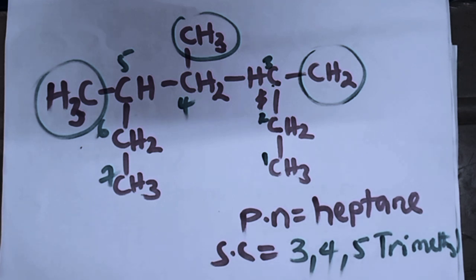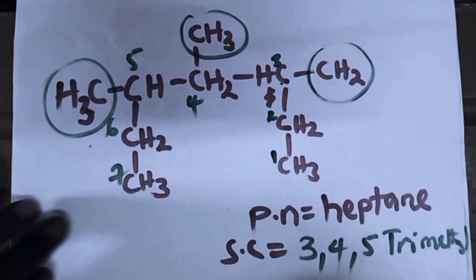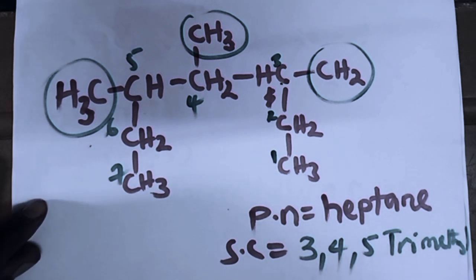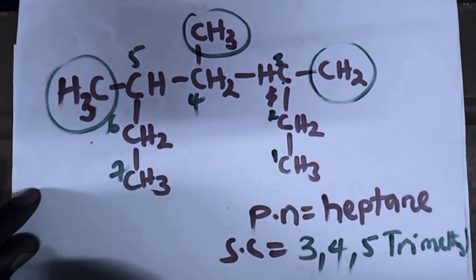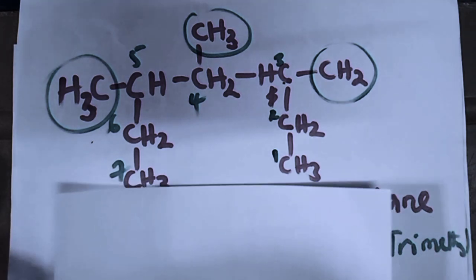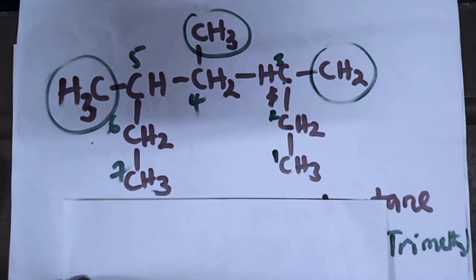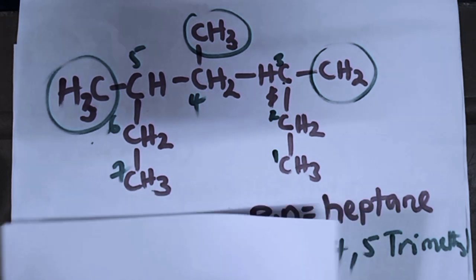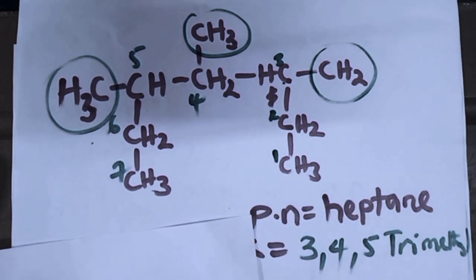Good. What other thing are we going to do here? Now we're going to write the full name for this. So what are we going to say? The name will be, meaning we get the 3, 4, 5.